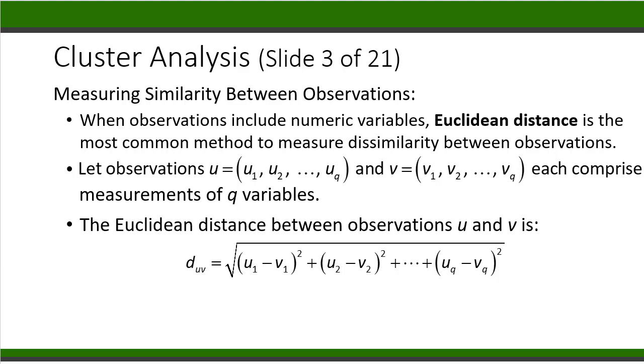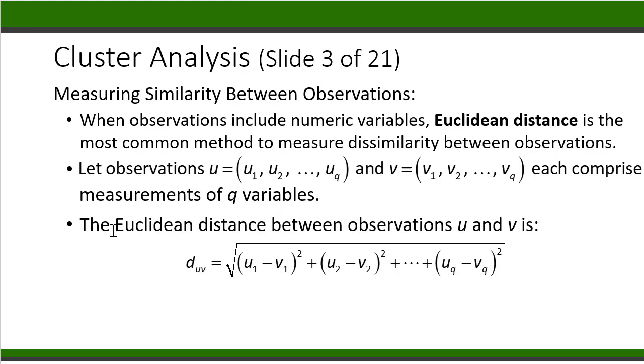So let's say we have these observations. So these are measurements for the different variables. So that would be in our rows, and each column would have a different variable or field. So we have observation U and observation V, and then these would be all the different fields. And we'd have Q variables.